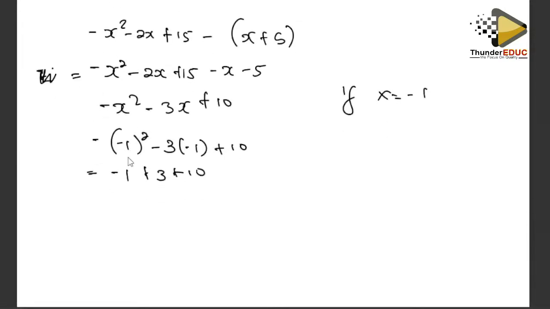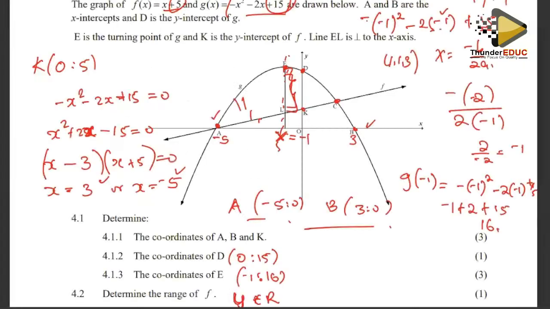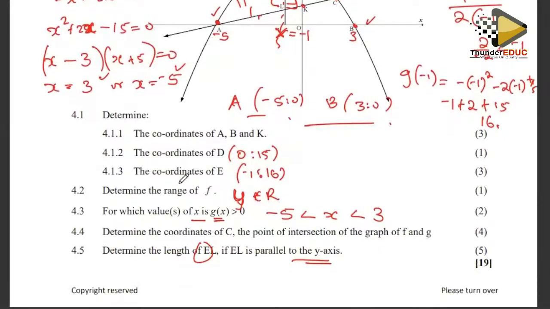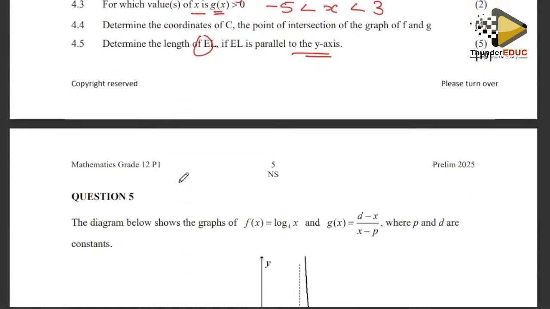This gives us 13 minus 1, which is 12 units. So that is the distance between the two graphs for EL. Okay. So that is question 4.